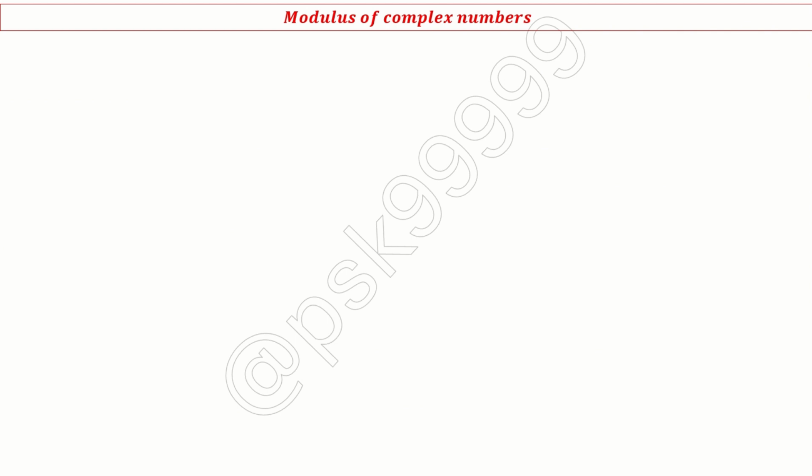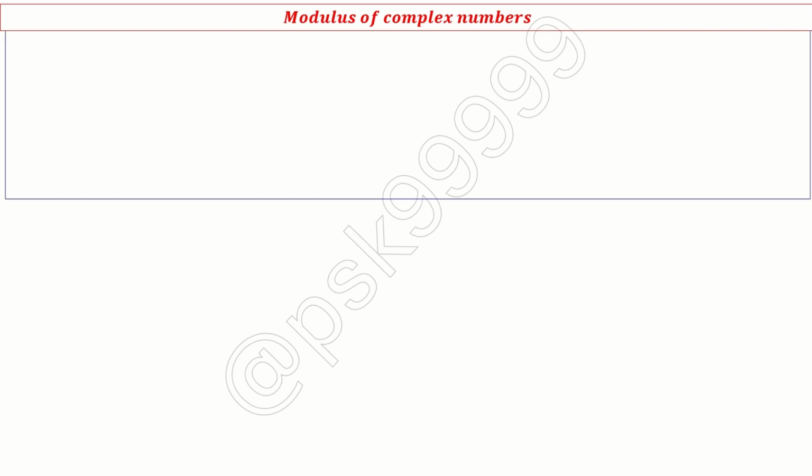Okay, modulus of complex numbers. Let's understand the modulus part of it. If you consider z as x plus iy, why I took x and y is because it very much resembles the two-dimensional coordinate system x comma y, which is exactly the same. Where x and y are real and i equals square root of minus 1.